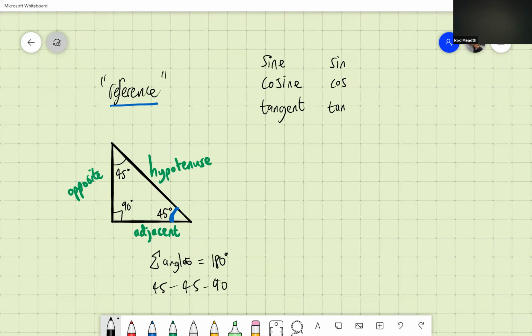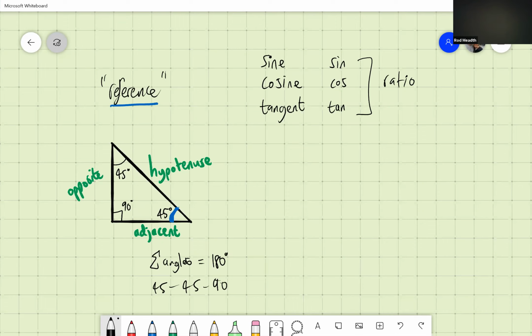Okay, so these three functions, these all have to do with triangles. And what that number represents is the ratio of the side lengths, okay? All three of these represent a particular ratio between the different side lengths. Now, you know what a ratio is.